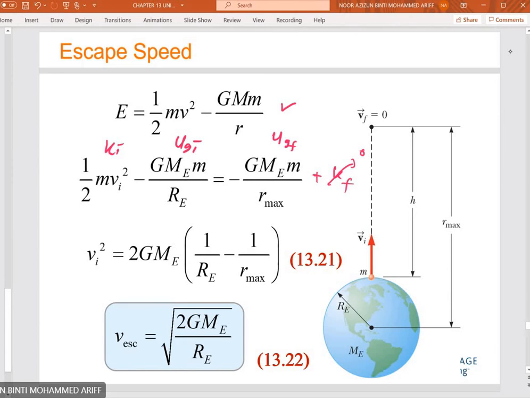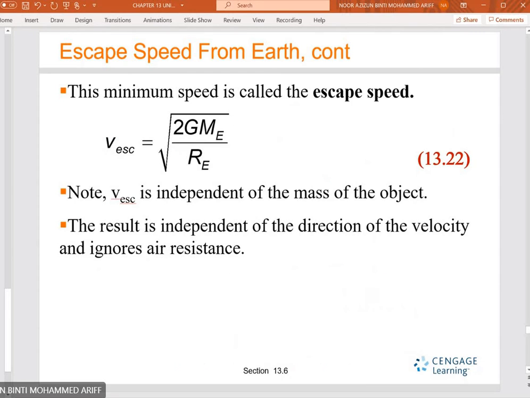We consider two conditions for the gravitational distance: one right at the Earth, which is RE, and the other at a certain distance, R maximum, which is H plus RE. When I simplify, I get V escape equal to the square root of 2 G M E over R E. This is for the Earth's environment first.